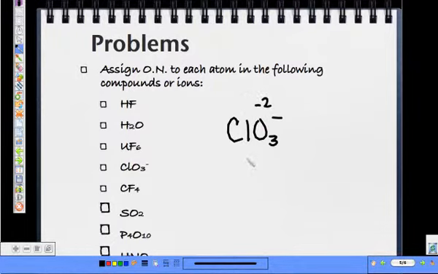Oxygen is -2, so that means the sum of all of the oxygens is -6, so chlorine must be +5, because we want this to equal -1. So each chlorine is +5 since we only have one chlorine. That negative just tells us the sum of the oxidation numbers needs to equal that.